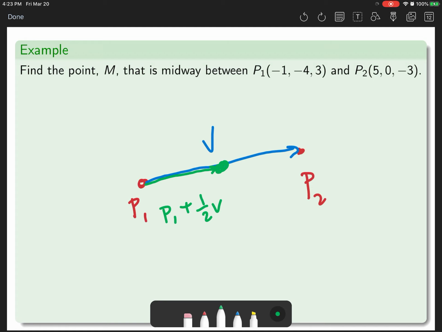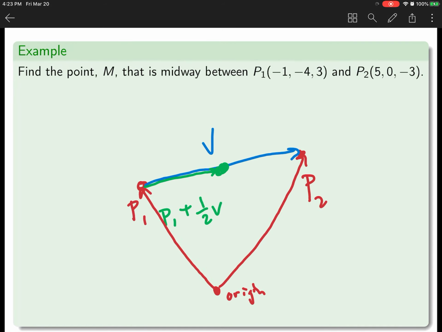Really hiding in the background, there are two vectors here going back to the origin. And if we add P1 to 1/2 V, we should be at the midpoint where we want to be. All right, let's see what happens.